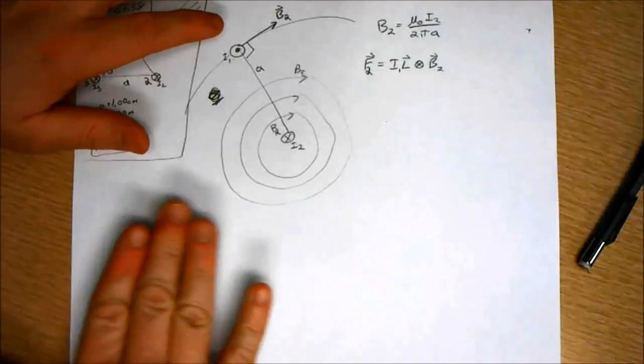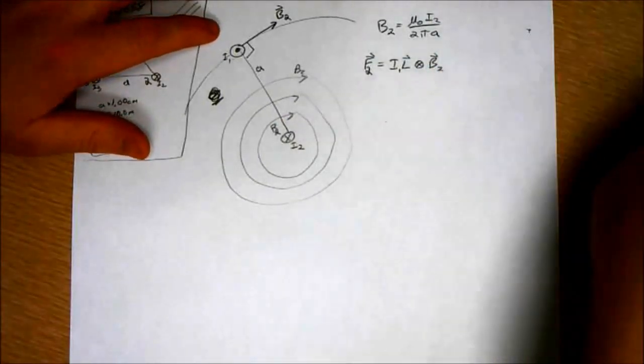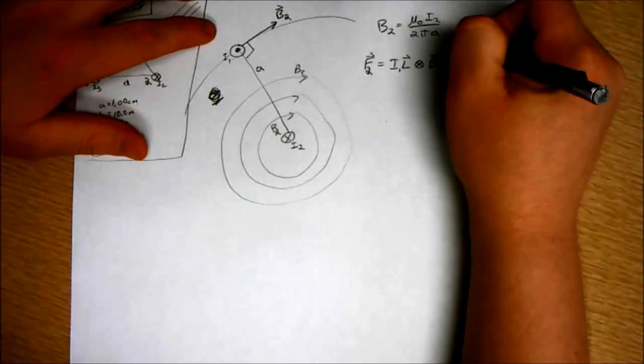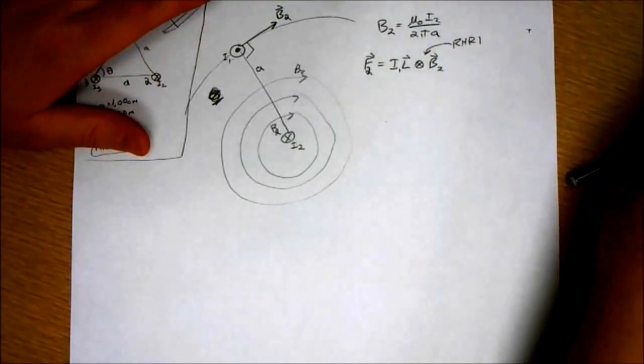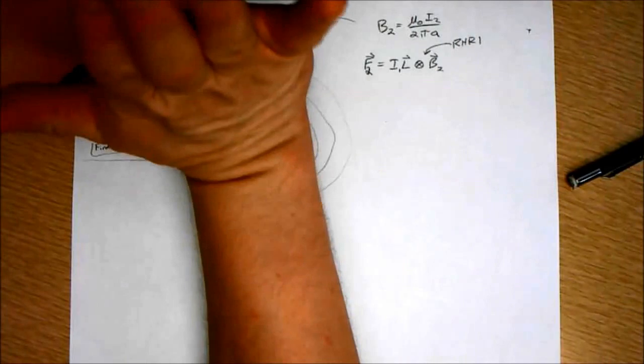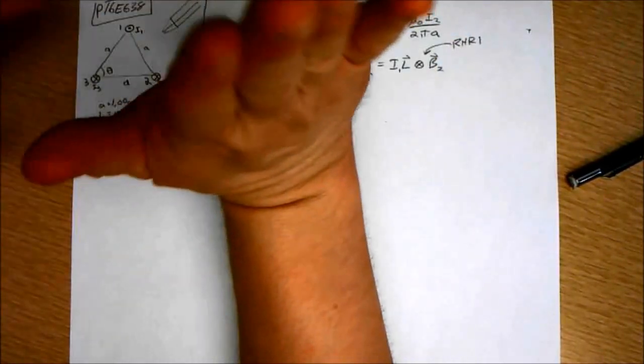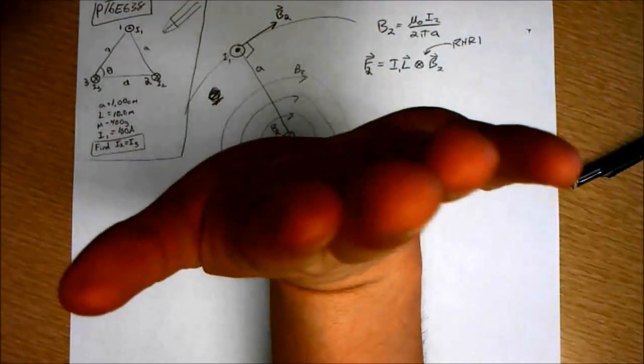Okay, well, right-hand rule number 1. Right-hand rule of cross products. Point your fingers in the direction of the current, which is kind of hard to do on the camera here, which is out of the page. Point it in the direction of the magnetic field, which is tangential to the circle.